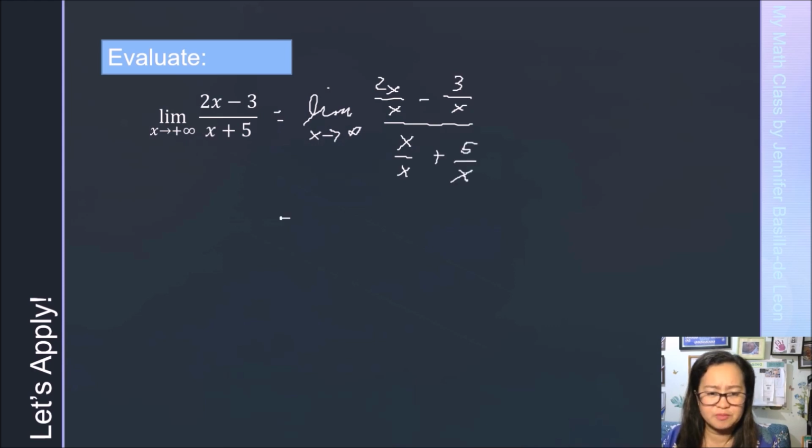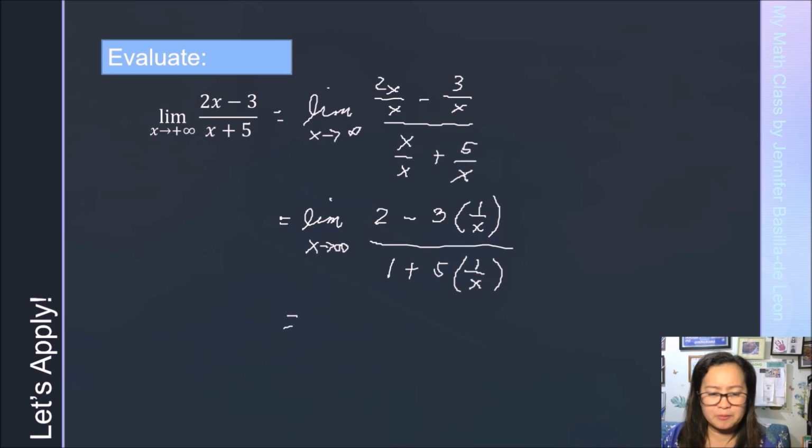Simplifying further, we will have the limit of 2 minus 3, we can write this as 1 over x, as x approaches positive infinity, then in the denominator we will have 1 plus 5 times 1 over x.